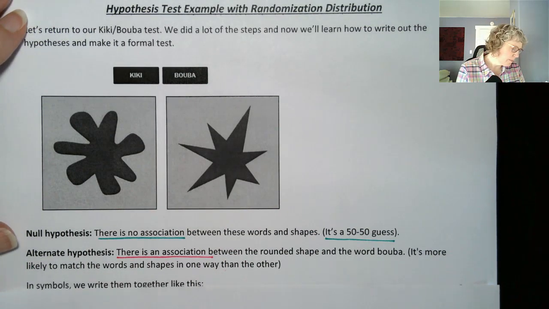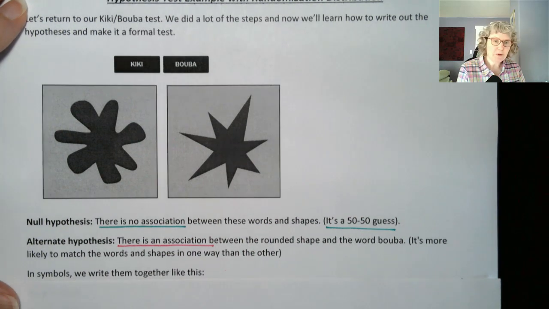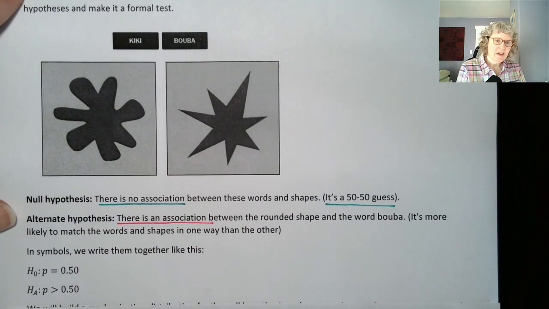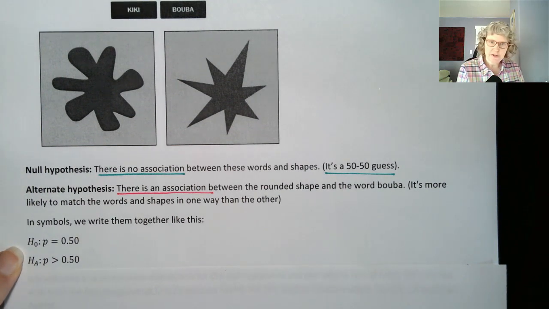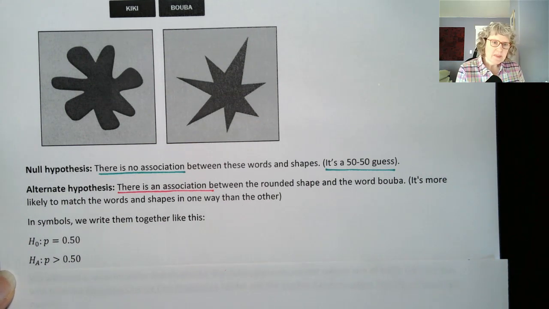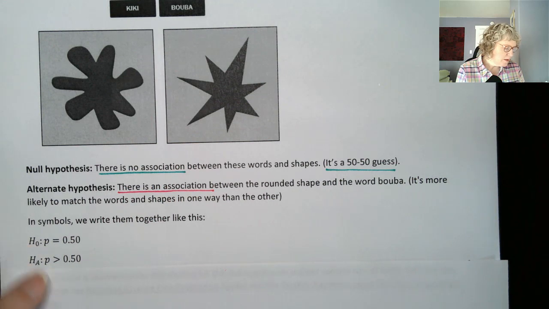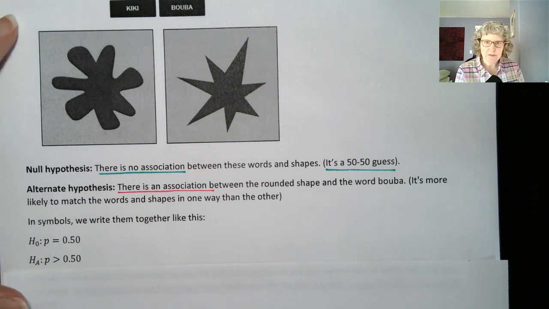Now I'm going to show you the symbols we use. We write H naught. It's H with a 0 in the subscript. H null or H naught are other ways to say this. And we're using a p because this is a proportion. We're saying it's a 50-50 guess.